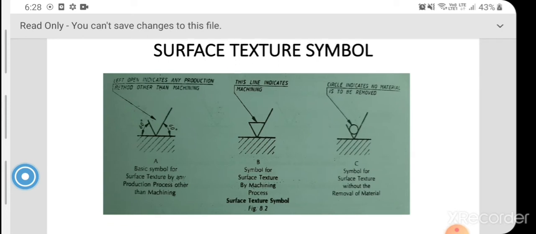The second symbol has one horizontal line added to the basic symbol, and this horizontal line represents that the surface texture is obtained by removal of material by any machining process. The third symbol has one small inscribed circle. It represents that the surface texture is produced without removal of material.